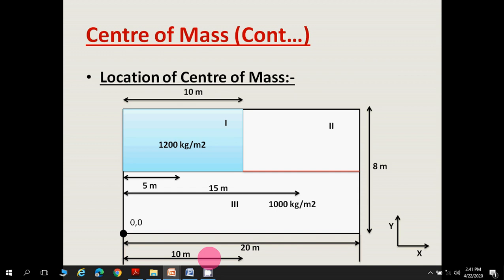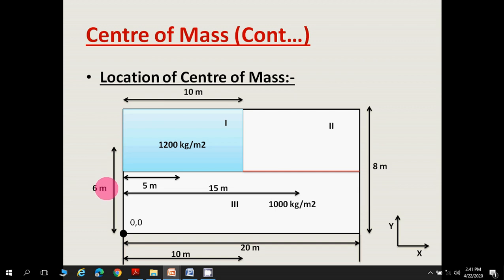Now y1, y2, y3. For figure 1, y1 is 6 meter because the total width of that figure is 8 meter, out of which 4 meter is this width, and the CG of that floor plan is 4 by 2.